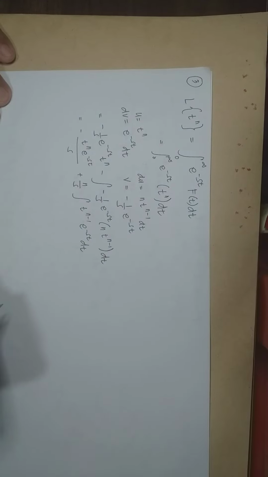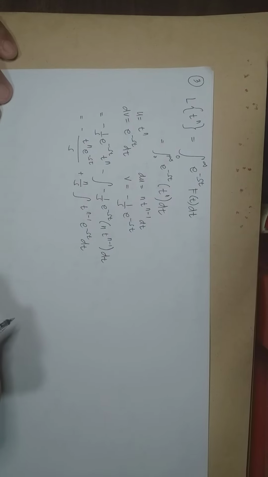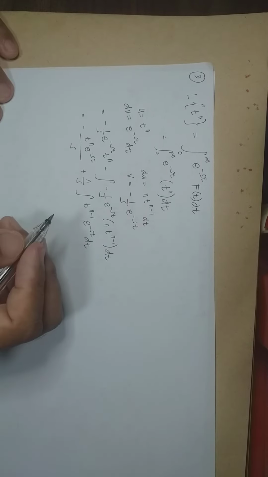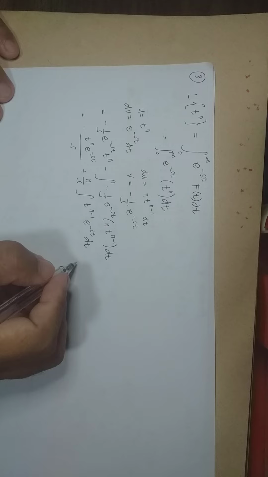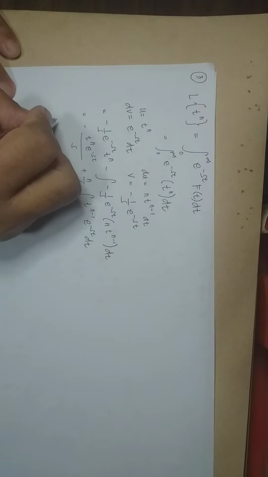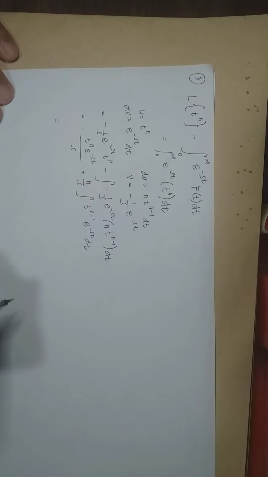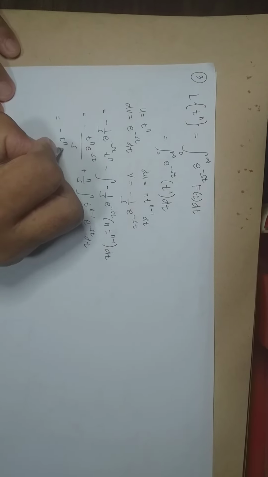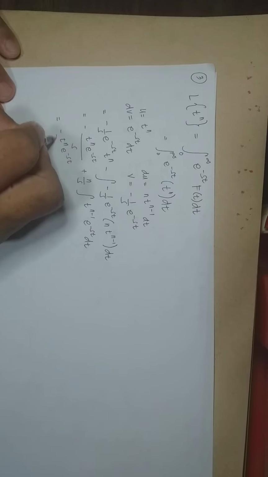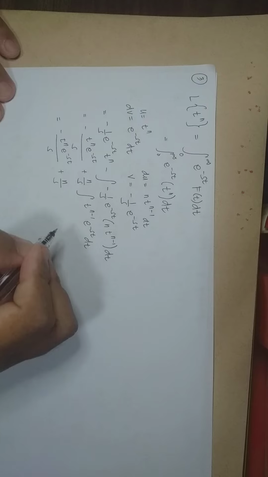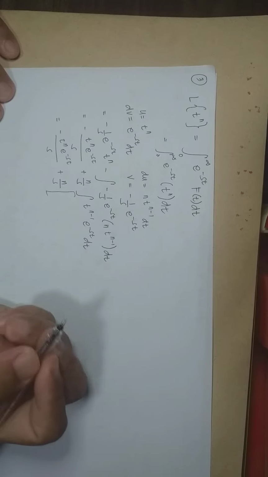Okay? And then, if we're going to integrate this once again, integration by parts again. So we have negative t raised to n e to the negative st over s plus n over s, the integral of this.